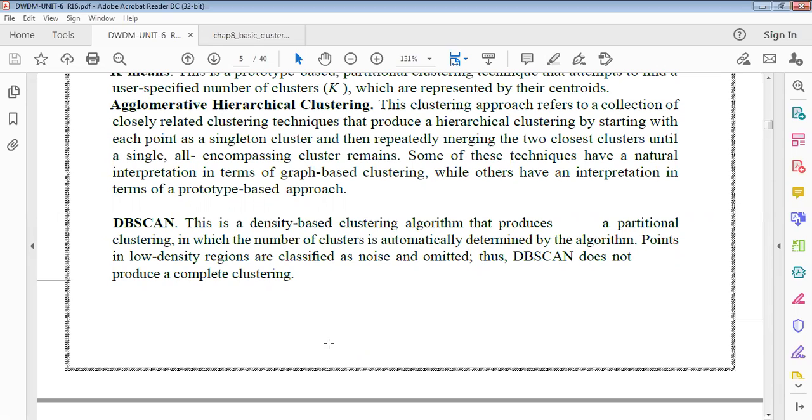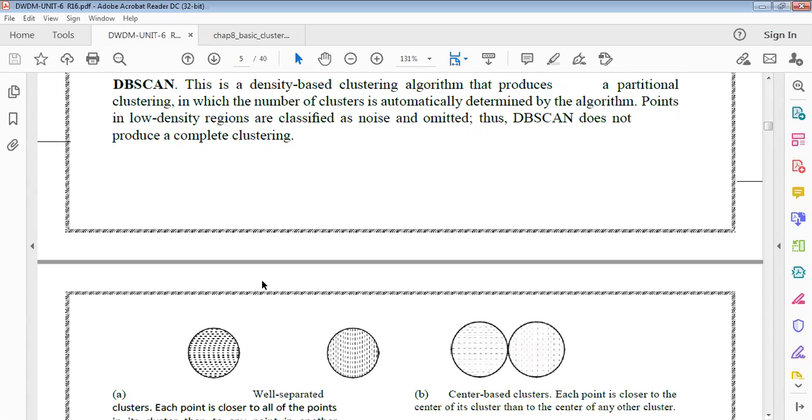So these are the four algorithms in this unit. From an examination point of view, most of the exams ask about these algorithms: first the Apriori algorithm, the FP-growth algorithm, the k-means algorithm, the agglomerative hierarchical algorithm, and the last one is DBSCAN.